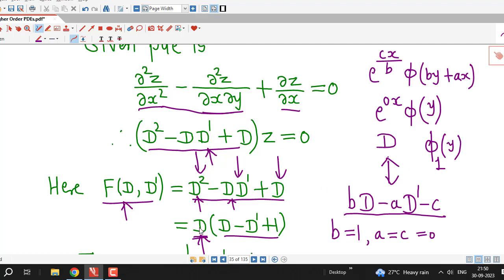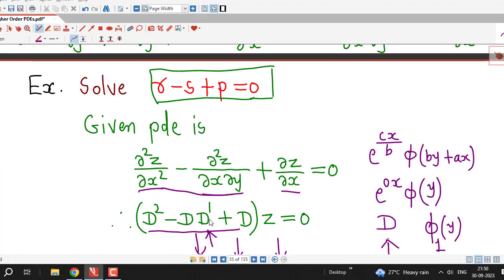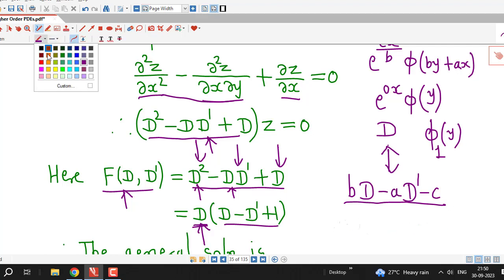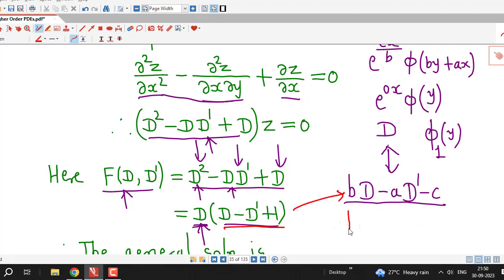That is corresponding to this linear factor. Similarly, we can decide a, b, c for this factor. If we compare this d minus d dash plus 1 with this, we can see b is 1, a d dash equal to minus d dash, that is a is also 1, and 1 equal to minus c, that is c equal to minus 1.